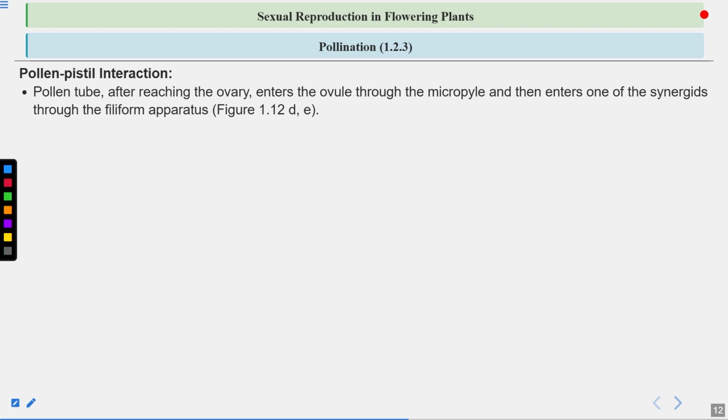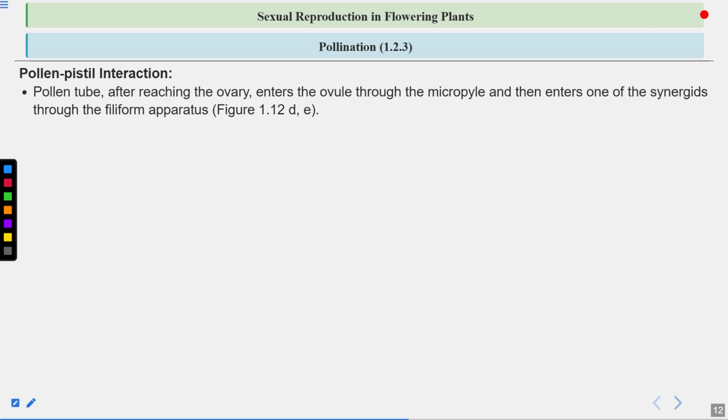Sir, what is the ploidy level of the two-celled and the three-celled stage? Okay, you are talking about the ploidy level. What is the ploidy of the microspore or the pollen grain? Recall how the pollen grain has been formed.